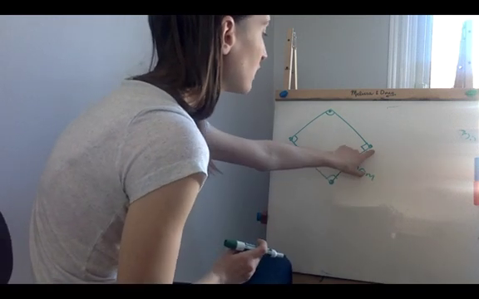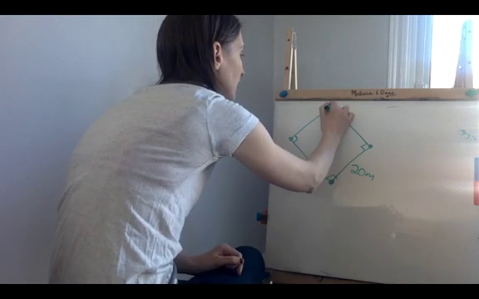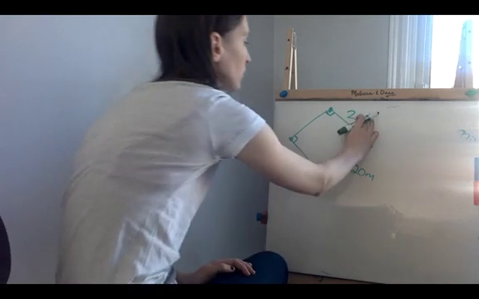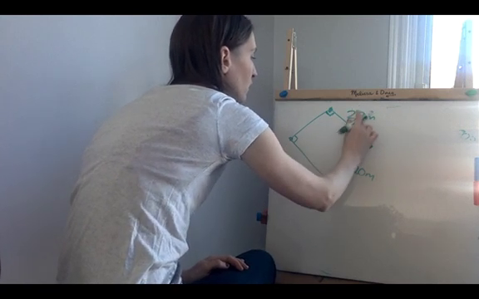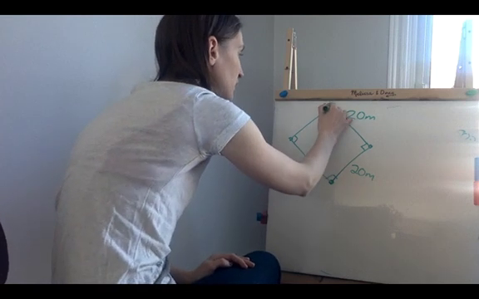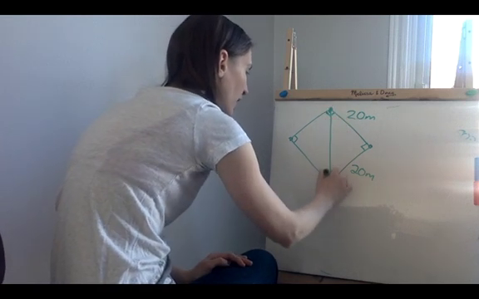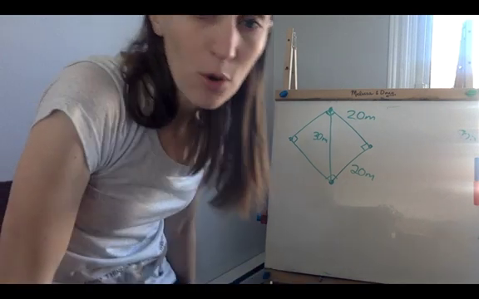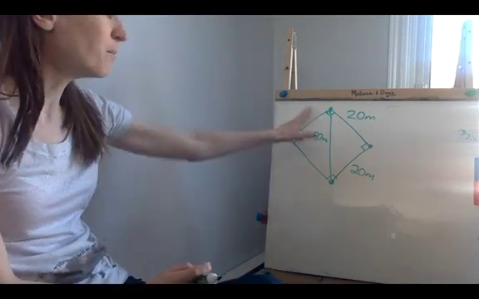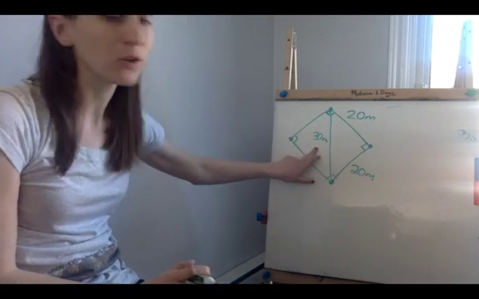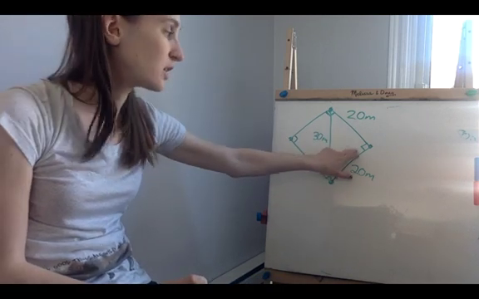He's measured the distance from first to second, and it is again 20 meters, right? And if this was a right angle, he's measured this distance here and said that measurement is 30 meters. So let's check to see if those measurements actually work to make this a right triangle, right? Does the 20, 20, and 30 work in order for this to be a right triangle?